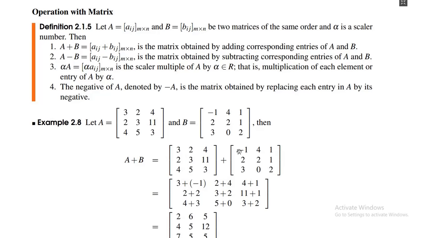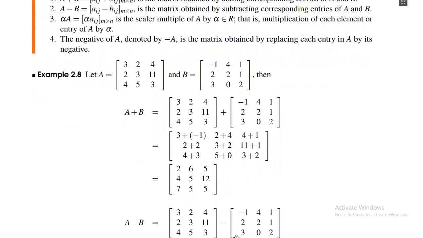So 3 plus minus 1 means 3 minus 1, which is 2, 2 plus 4 is 6, 4 plus 1 is 5, and so on: 2, 6, 5, 4, 5, 12, 7, 5, 5.